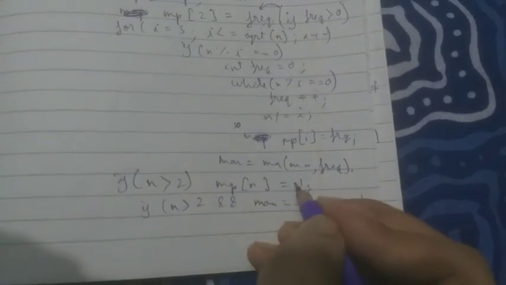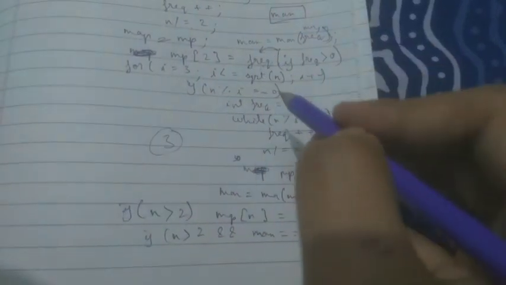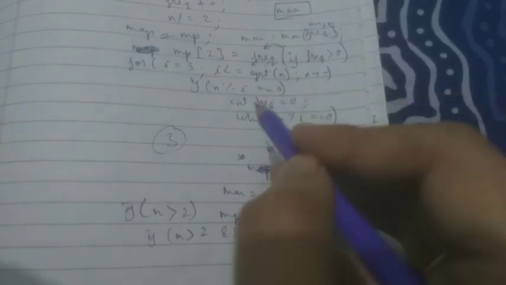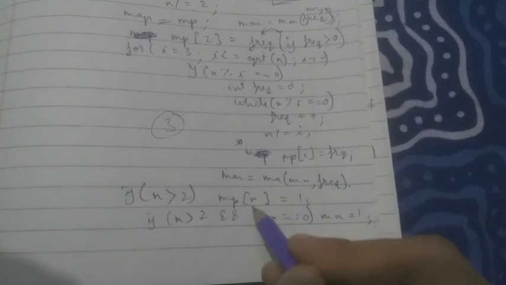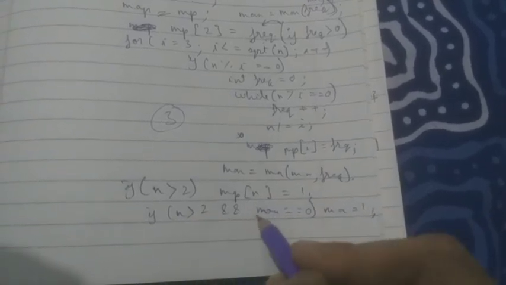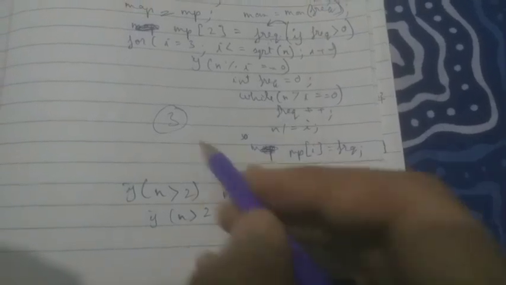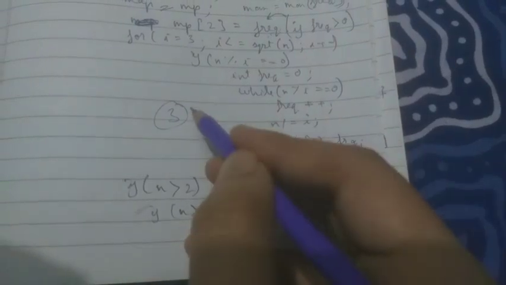Say it is a prime number, if it is 3, the earlier parts will not be satisfied. So n greater than 2, 3 greater than 2, this will make map of 3 as 1, and max equals 0, so max becomes 1. This statement is only for when n is a prime number.